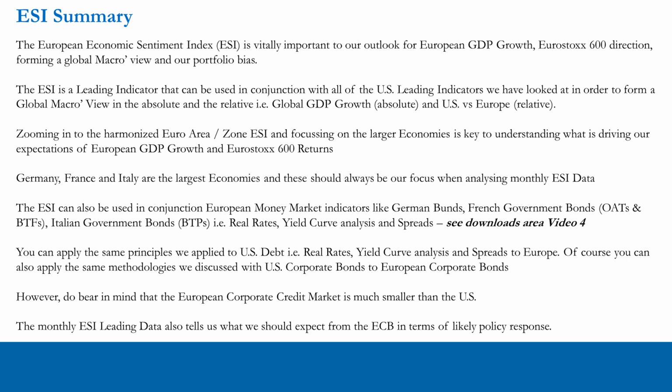So the ESI is a leading indicator that can be used in conjunction with all of the US leading indicators that we've looked at so far in the video series in order to form a global macro view, both in the absolute and the relative. So in the absolute, global GDP growth, and in the relative, US versus European GDP growth.